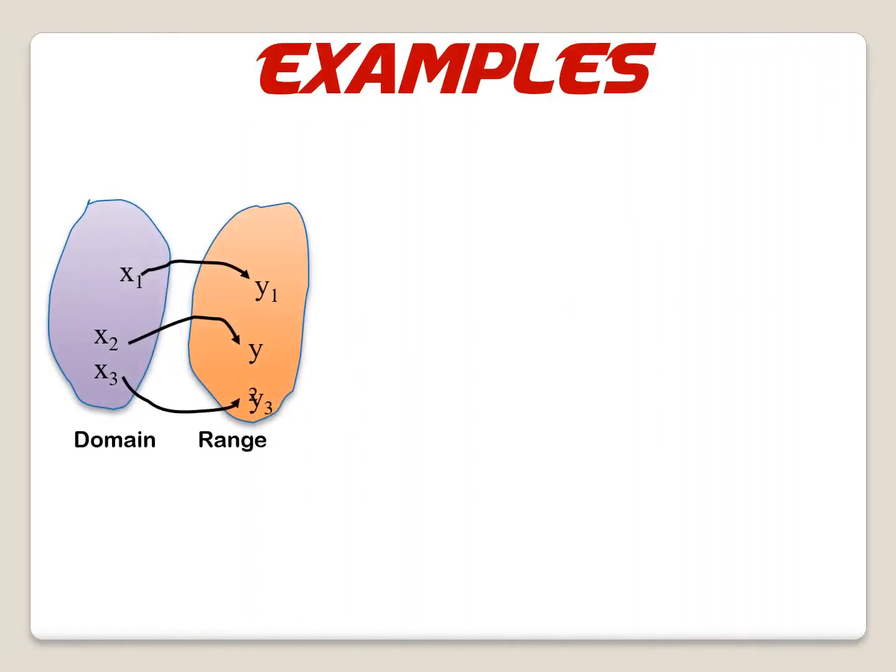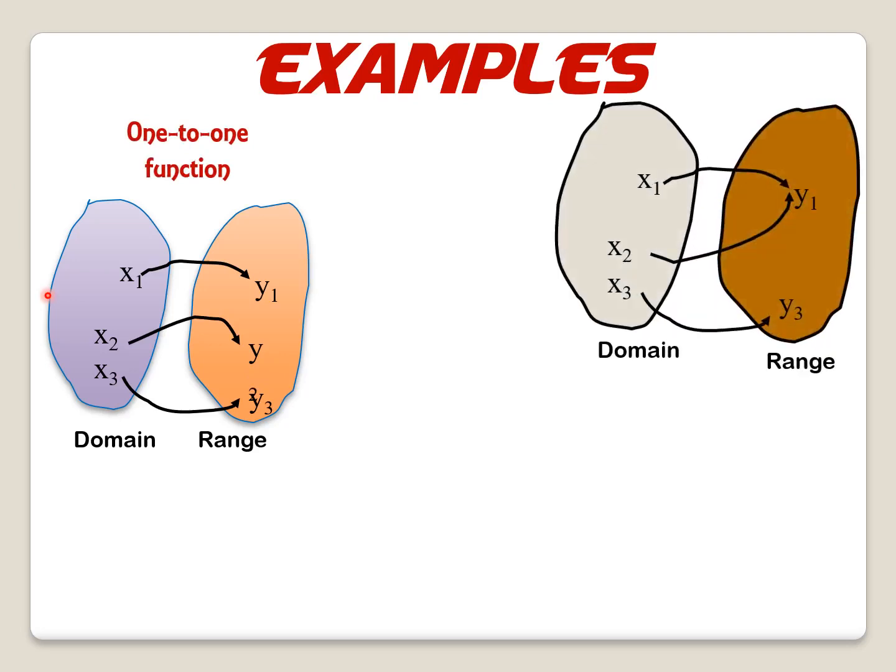Let's have an example. This mapping diagram is a function and illustrates a one-to-one function. This one is still a function, although you have here one y paired to two different x. But we know that for it to be a function, dapat yung x ang hindi pwedeng ipares sa dalawang magkaibang y.